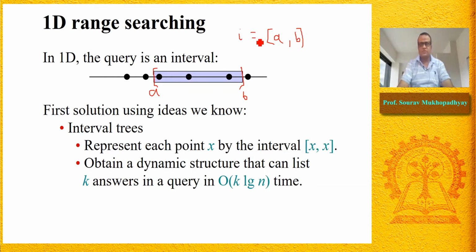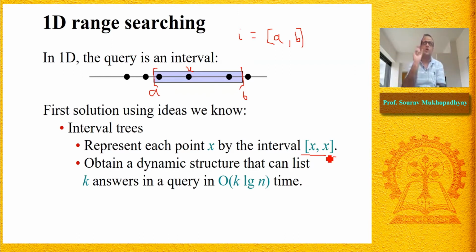If you recall the interval search tree, then we can make these points into intervals. Suppose this is a point x; we can think of it as an interval like x comma x. We can represent each point as an interval x comma x, and then we can do the interval search tree. If you remember, that is a red black tree with some augmentation.